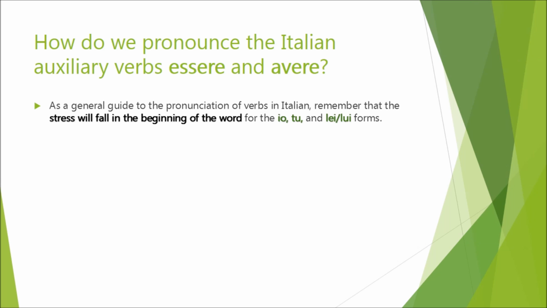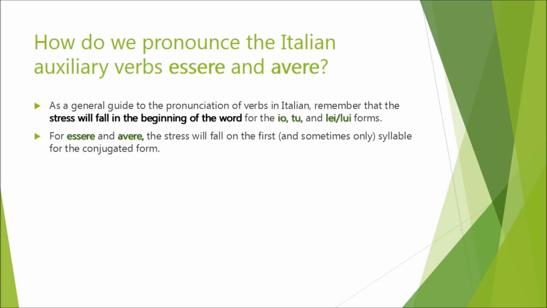As a general guide to the pronunciation of verbs in Italian, remember that the stress will fall in the beginning of the word for the io, tu, and lei, lui forms. For essere and avere, the stress will fall on the first, and sometimes only, syllable for the conjugated form.